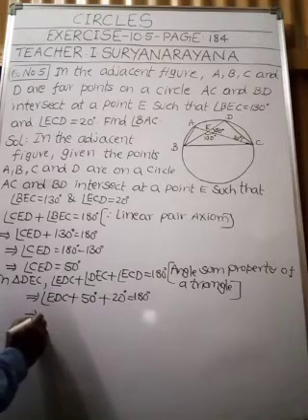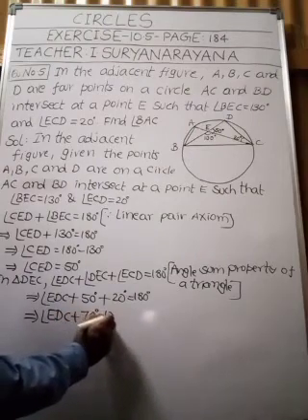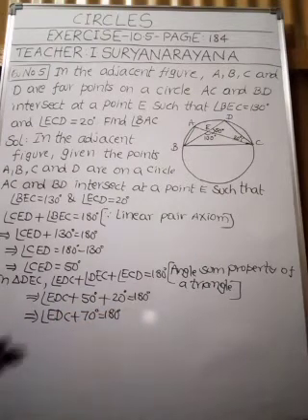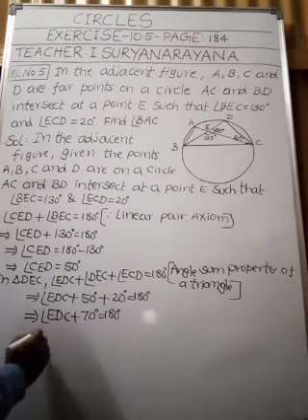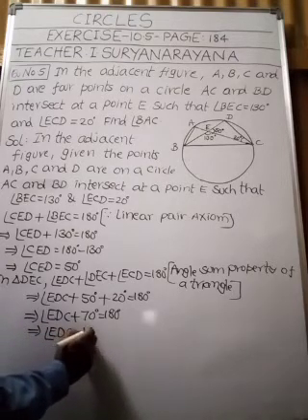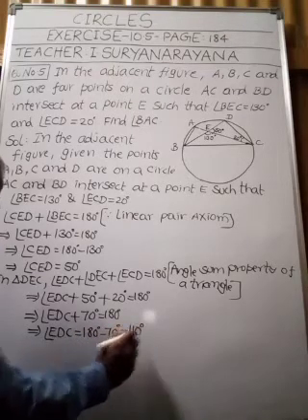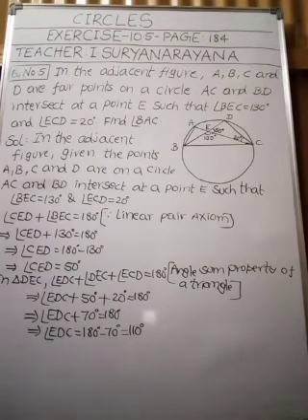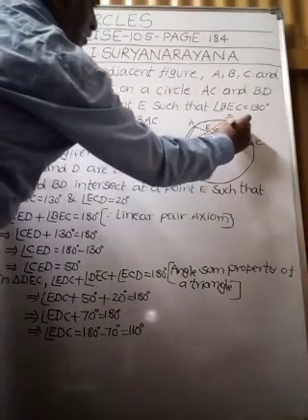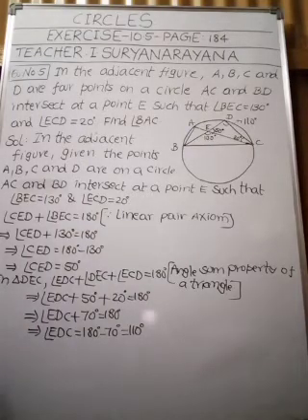This implies angle EDC plus 70 degrees is equal to 180 degrees. 50 degrees plus 20 degrees, what will you get here? 70 degrees. Understood this step, my children? Right. From this equation, we find angle EDC, that is equal to 180 degrees minus 70 degrees. Then what will you get? 110 degrees. So this angle EDC is 110 degrees. Yes, sir, my children.